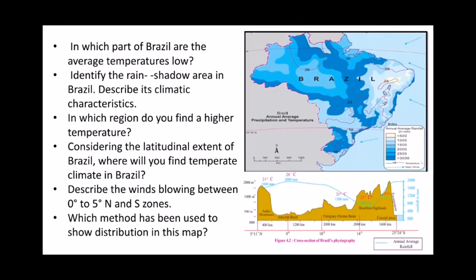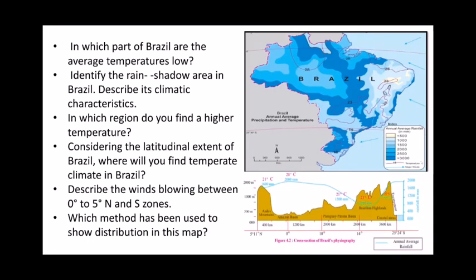So, the southern part of Brazil lying below 23 degree south latitude, that is the Tropic of Capricorn, experiences temperate climate.